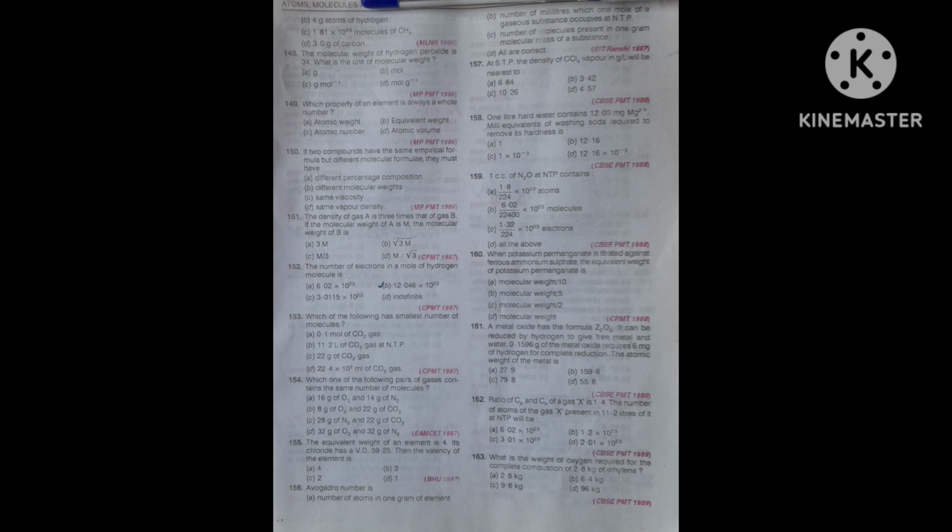The milli equivalent of washing soda required to remove its hardness is, means how many milli equivalent of washing soda is required. First option is 1, second option is 12.16, third option is 1 into 10 to the power minus 3, fourth option is 12.16 into 10 to the power minus 3.